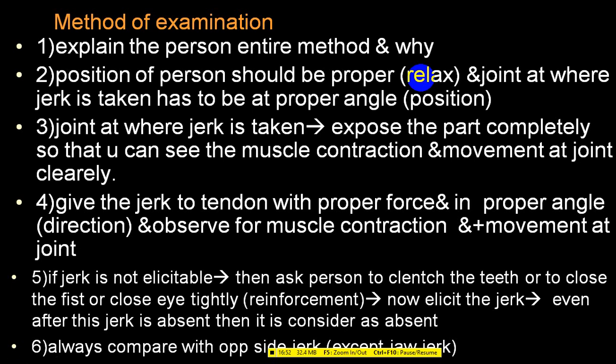Put the proper position, and then you have to give a jerk over the tendon. That will be explained much better on a diagram. And when you give a jerk, you have to look at the contraction of the biceps muscle and movement at the elbow joint. Same thing will be done for triceps.